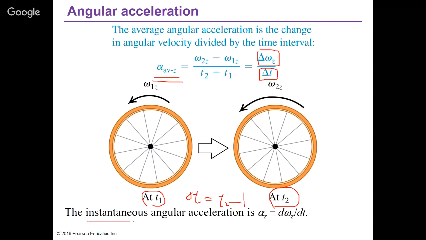For the instantaneous angular acceleration, we take a limit where delta t goes to 0, which means taking a time derivative of the angular velocity. Please note that for linear acceleration, we use a to denote this quantity, and here we use alpha for the angular acceleration.